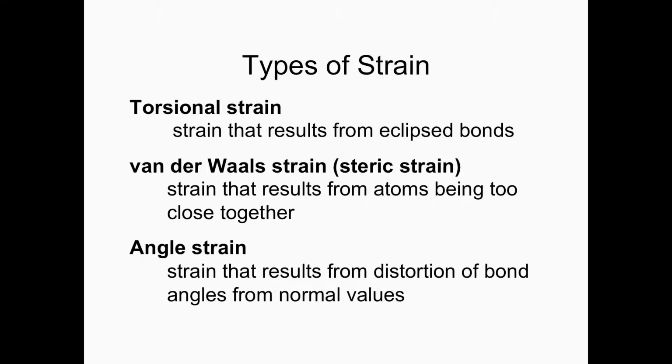Van der Waals strain, also known as steric strain, as noted in your textbook, results from atoms being too close together. So if torsional strain results from electrons in bonds eclipsing, steric strain or van der Waals strain results from atoms being too close or eclipsing one another. Angle strain, the third type of strain, is strain that results from the distortion of bond angles from their normal values, and for this class we're going to focus on angle strain in cyclic molecules specifically.